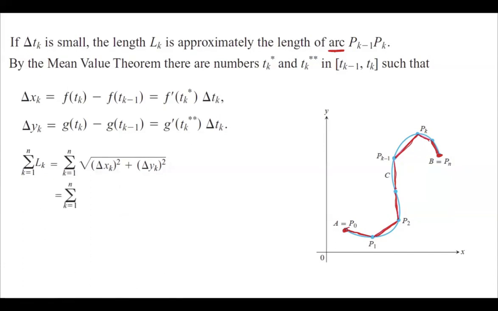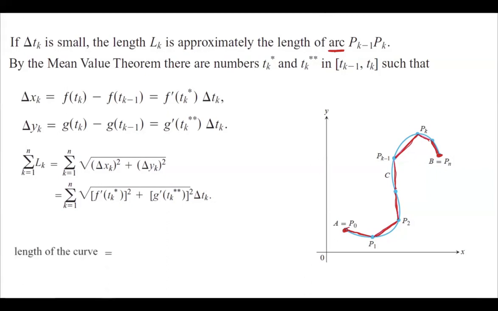This in turn can be written as, so here delta xk, which is f prime of tk star to the second, you're going to see what we're going to do with delta tk as well, plus delta yk, which is g prime of tk double star to the second, times the square root of delta tk squared, which gives you delta tk outside the radical. So we basically factored out delta tk squared, and the square root of delta tk squared is delta tk.